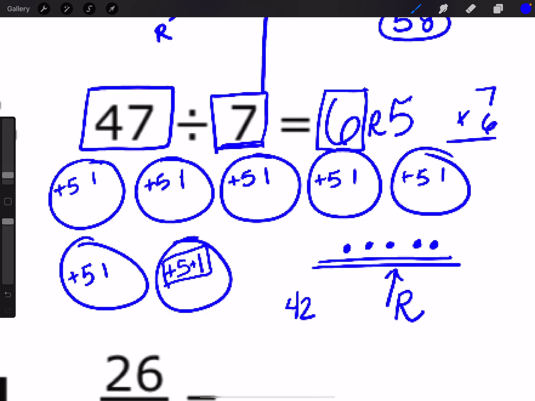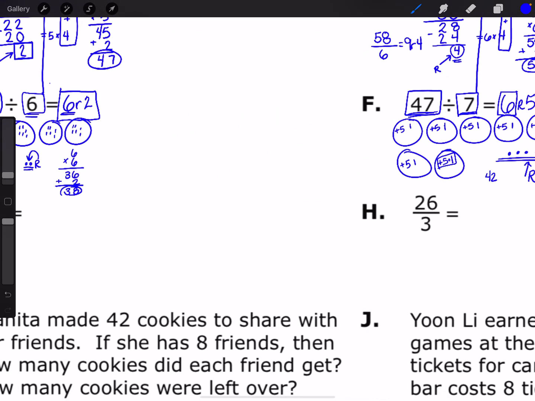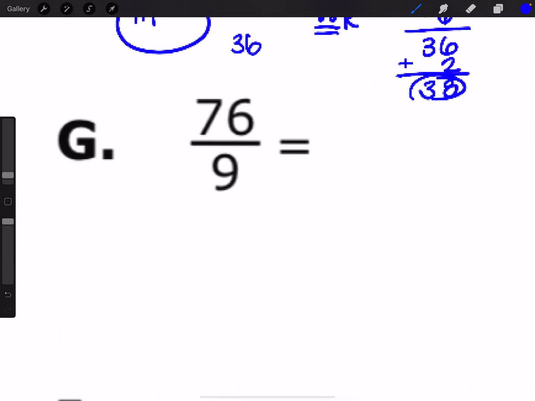So 7 times 6 is 42. And we add the remainder. 2 plus 5 is 7. 4 plus 0 is 4. And this should be our dividend. So did we get it right? We absolutely did. So 47 divided by 7 is 6, remainder 5. All right, let's keep going.